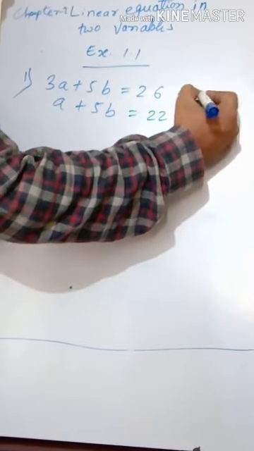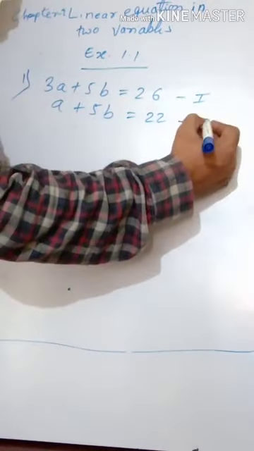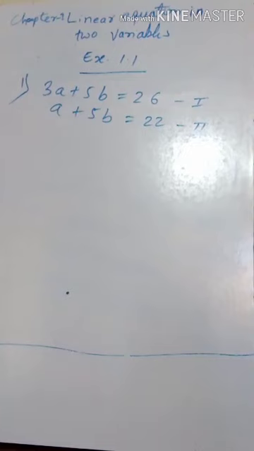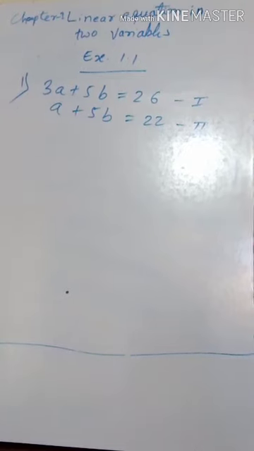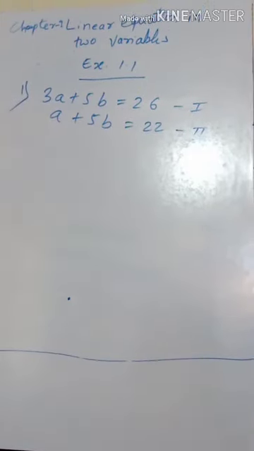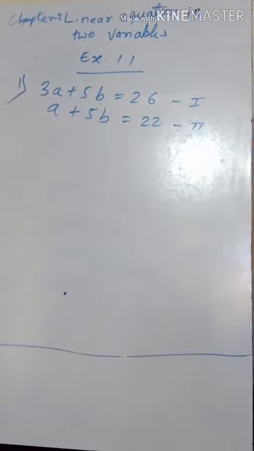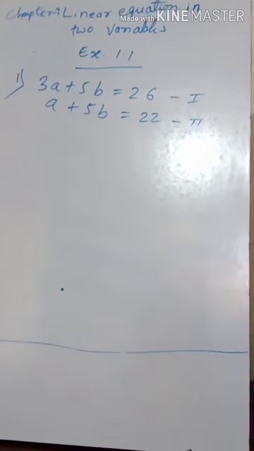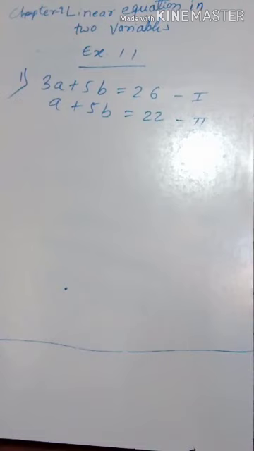This is our equation number 1 and this is our equation number 2. On the blackboard I write the two equations, 3a plus 5b is equal to 26 and a plus 5b is equal to 22.